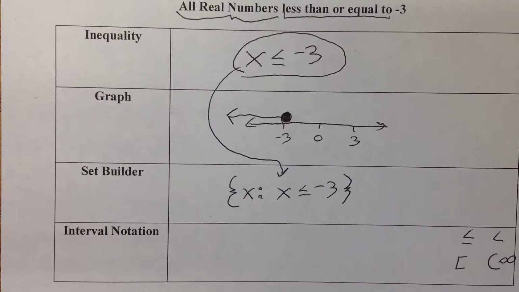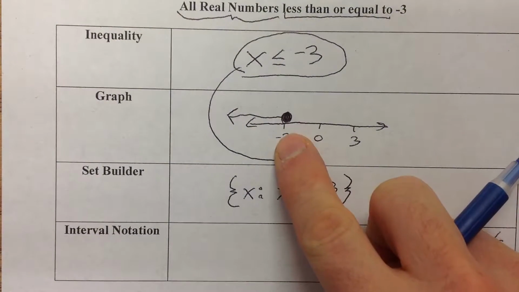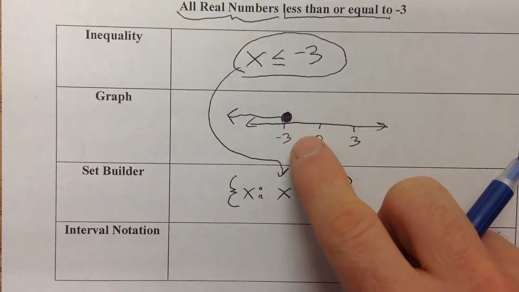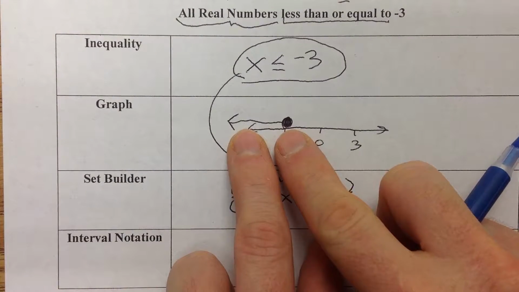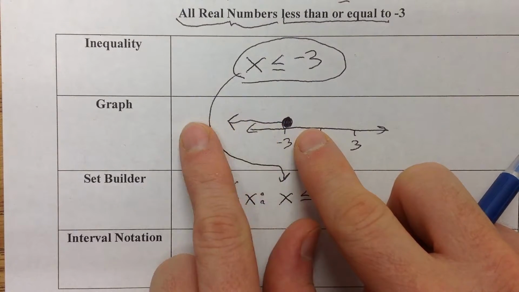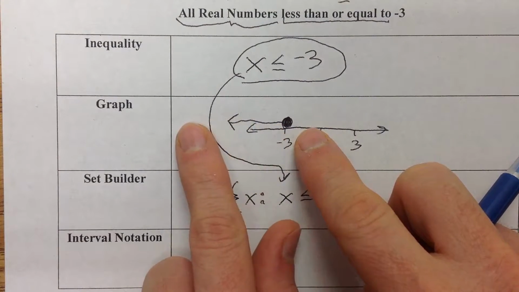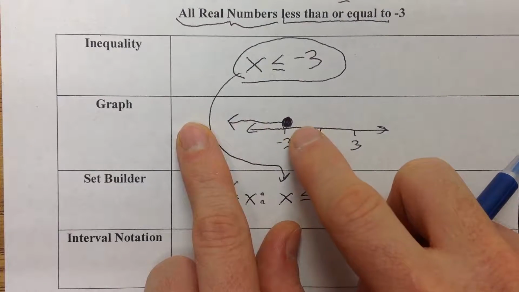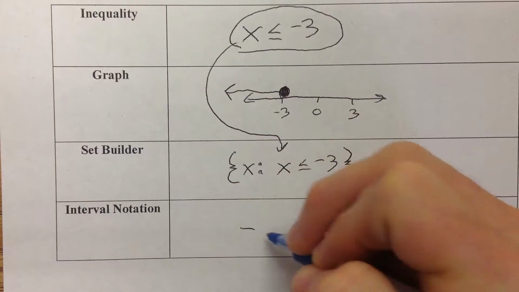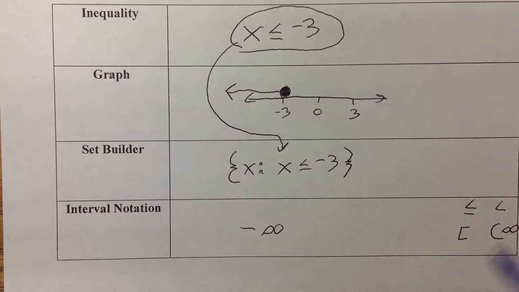Alright, so let's take a look at what we have here. If we take a look at our graph, I think the graphs are the easiest thing to use when you're trying to do interval notation. We can see that the smallest number that we have on our graph is way down here, which is what we call negative infinity, and then the largest number is a -3. So the smaller number always goes on the left, which is negative infinity.